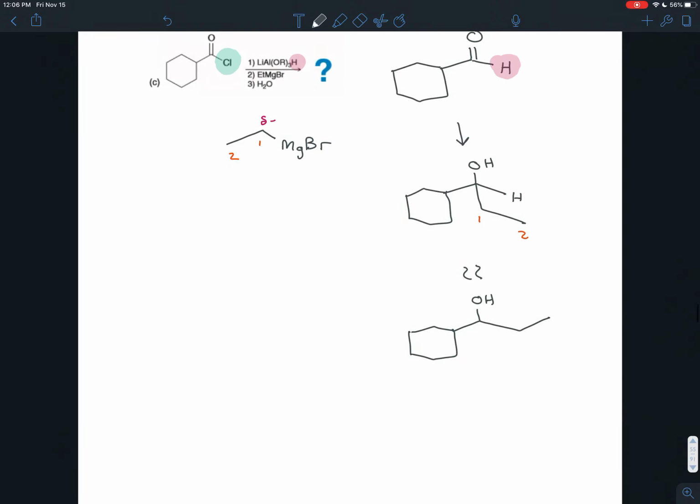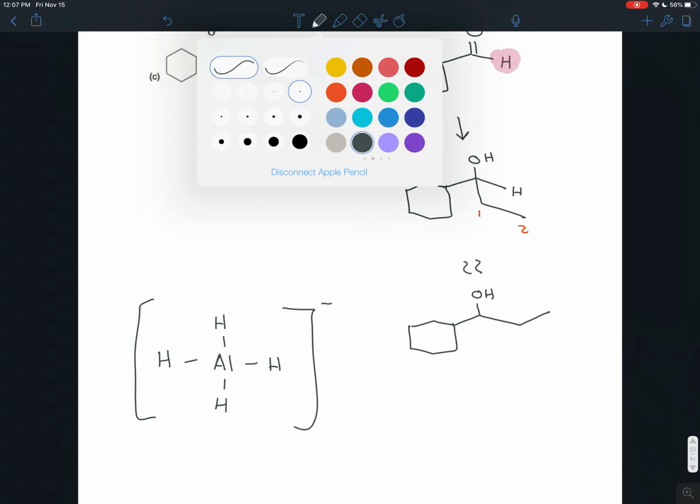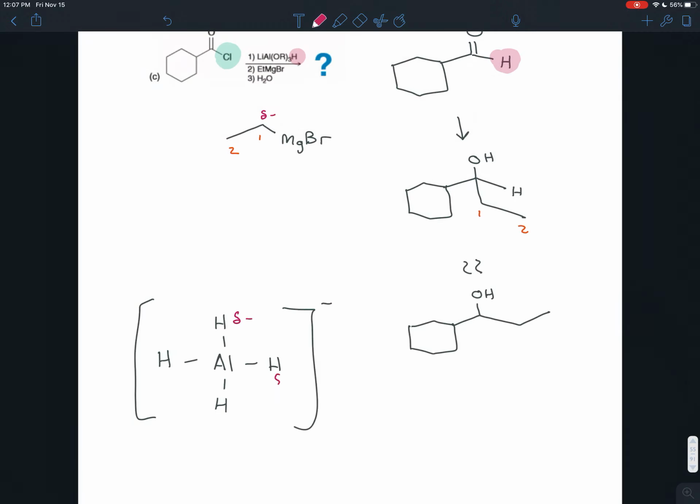So, for the mechanism for this one, lithium aluminum hydride had the aluminum in the center, 4 hydrogens bonded to it, and because hydrogen is more electronegative than any metal, it pulled electrons to itself, and the hydrogens became slightly negative. And the aluminum lost those electrons, became slightly positive.